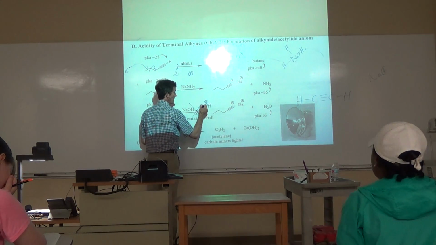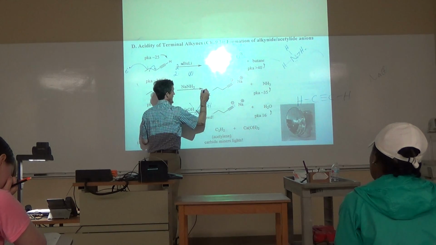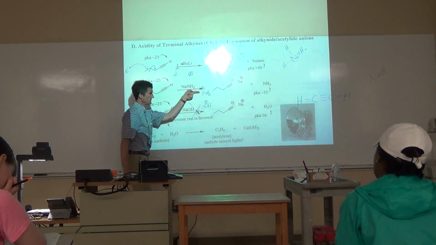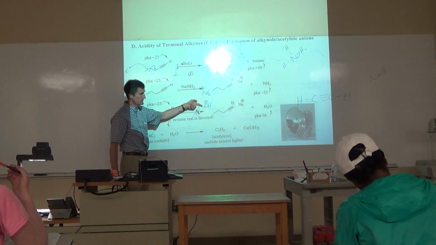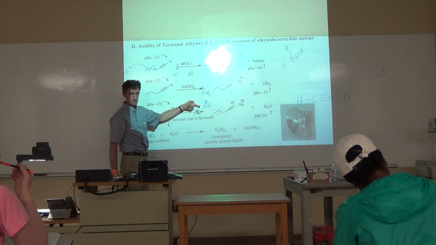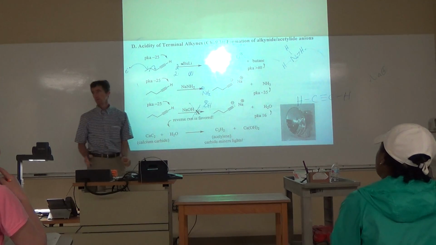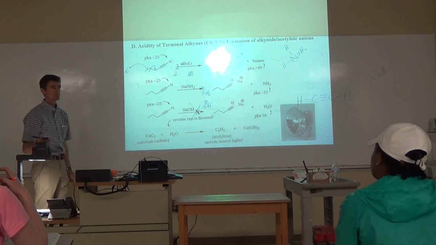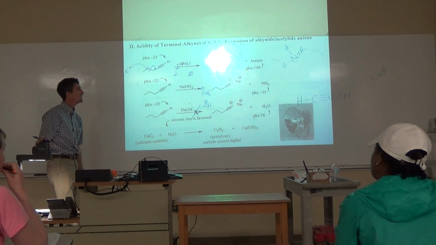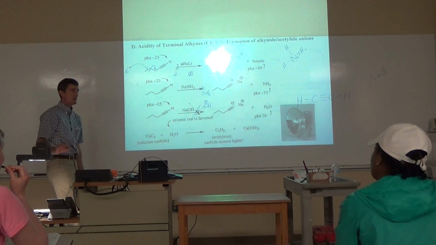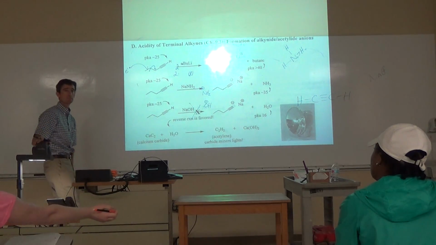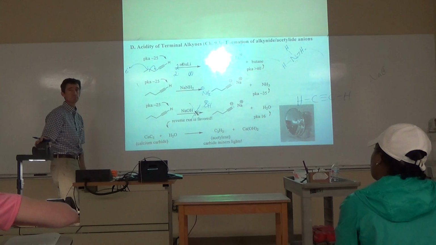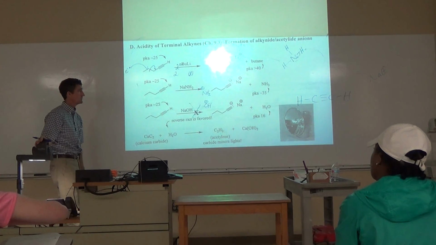Which one's a stronger base? Well, obviously that one because we said it works. But why is that a stronger base than that? Because it's a weaker acid, its conjugate acid.